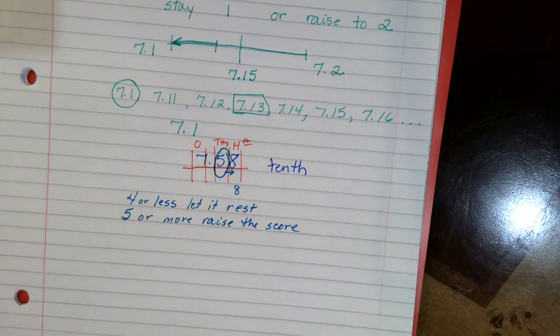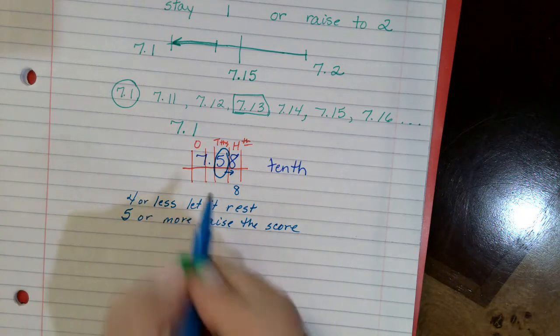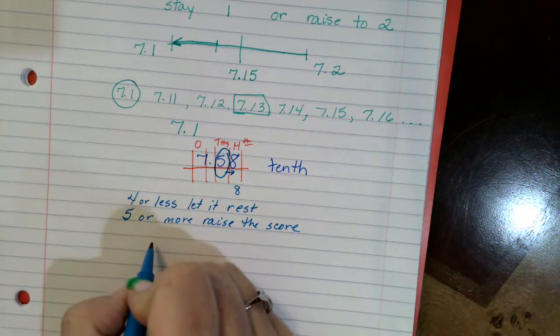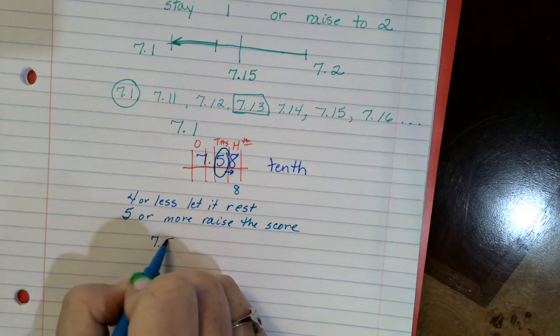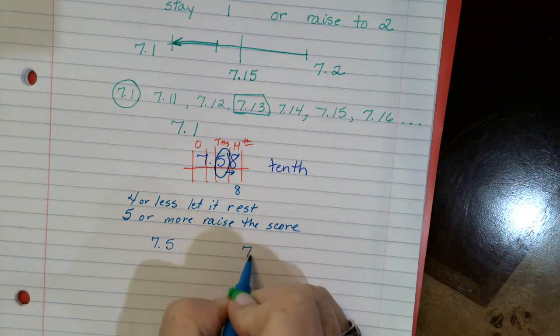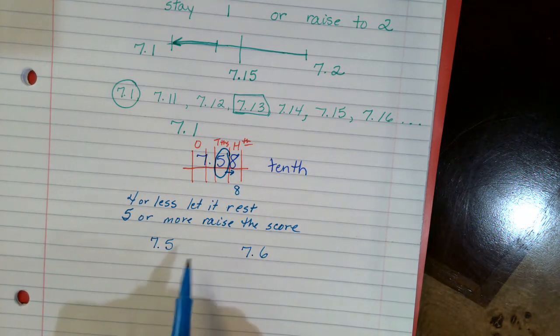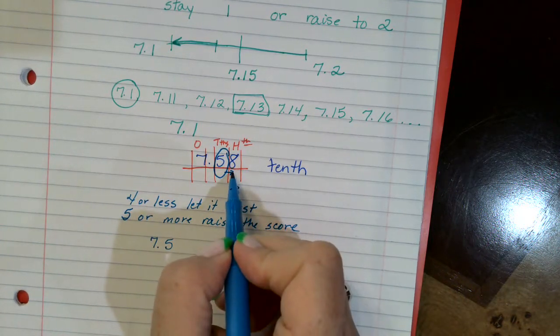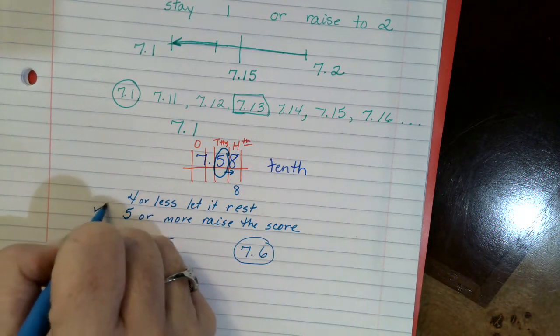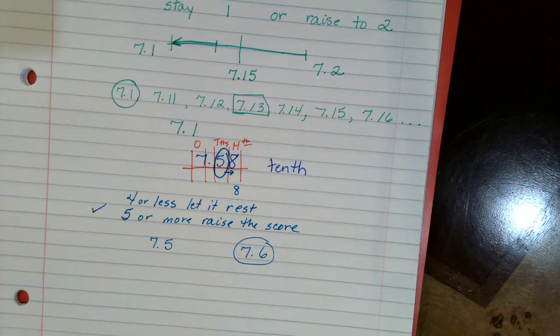Well, it is definitely more than 5. So 7.58 comes between 7.5 and 7.6. So we're going to raise this score to 7.6 because this 8 is 5 or more.